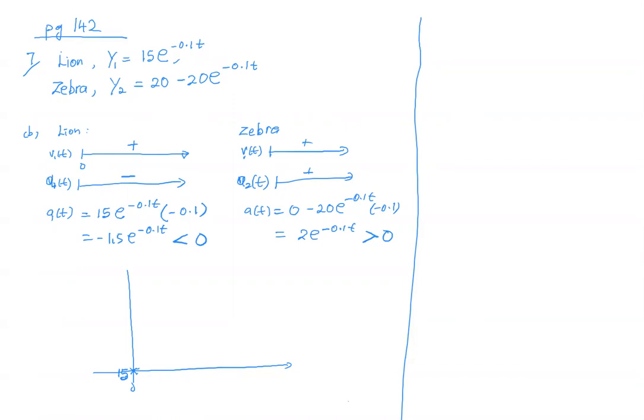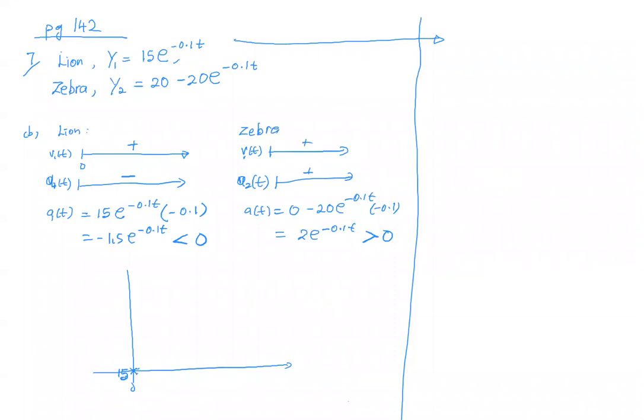Instead of telling you where I go wrong, can anyone tell me what is the highest value for the speed, the velocity of the lion?